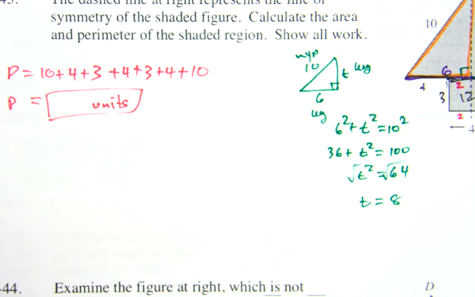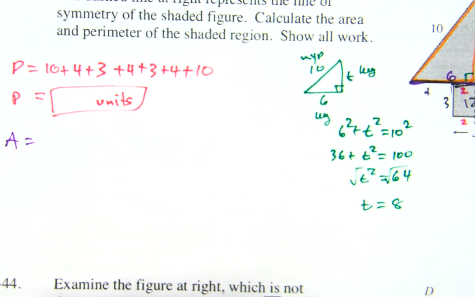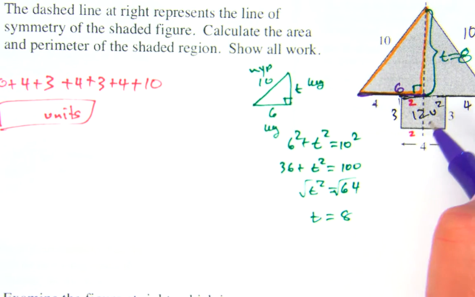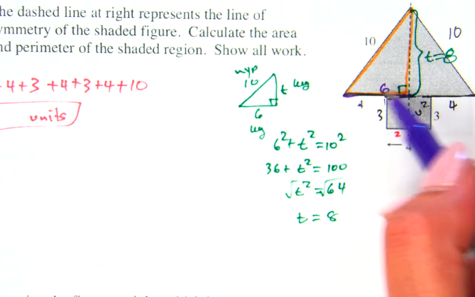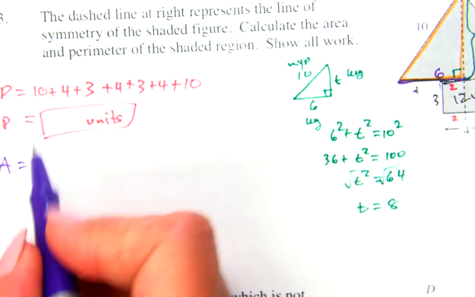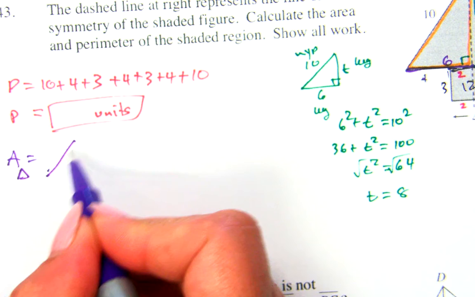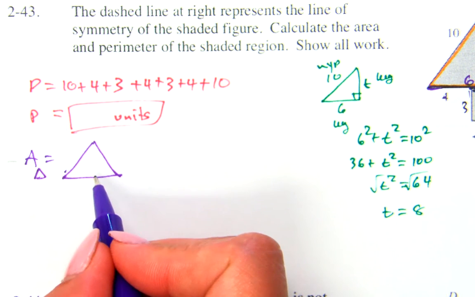Now your area is going to be piecemealed slightly together, because you can't just do base times height. This is not going to work. We found the area of the little trunk part down at the bottom, which is 12 units squared, but we need the area of this triangle piece right here. The area of this whole triangle, so the top of the Christmas tree, is the base times the height divided by 2.